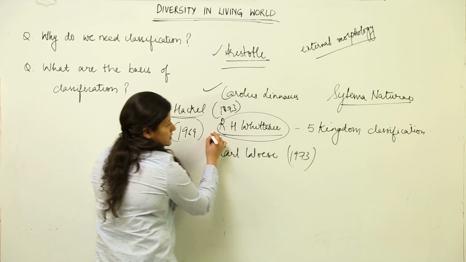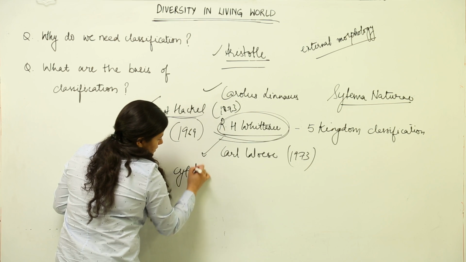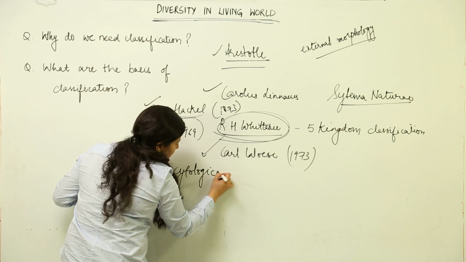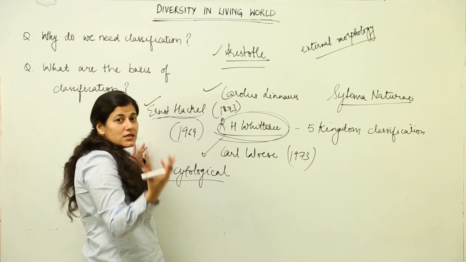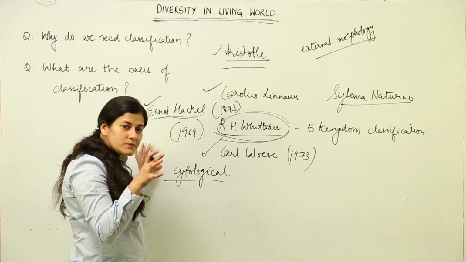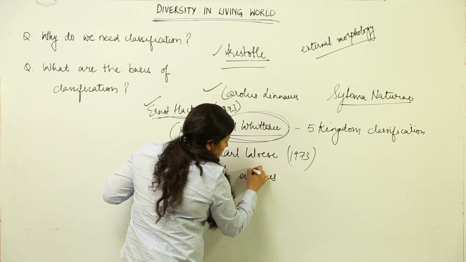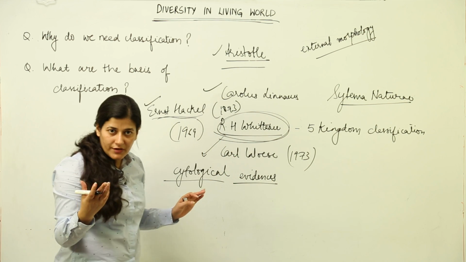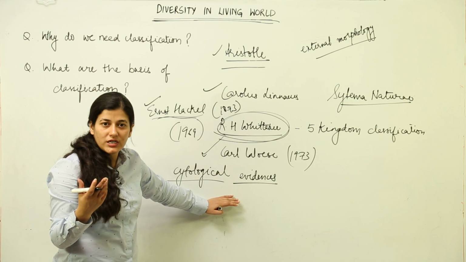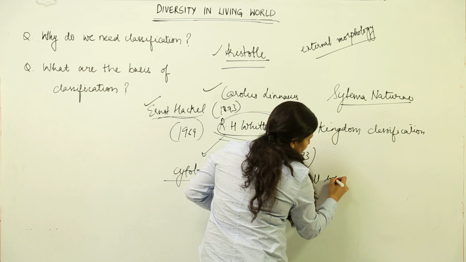So he was the person who took into account cytological evidences, because life operates at the cellular level, so it should be observed at the cellular level what characteristics are responsible for a particular behavior. When we talk about cytological evidences, we take into account the presence of cell wall.